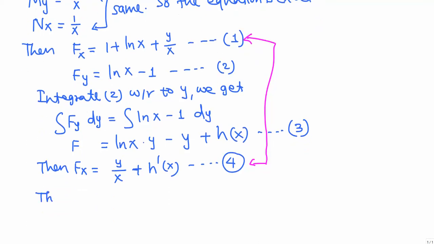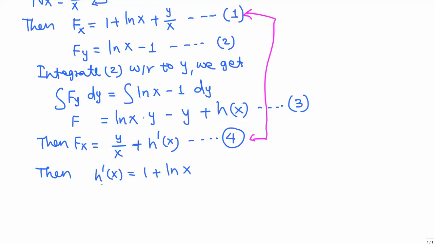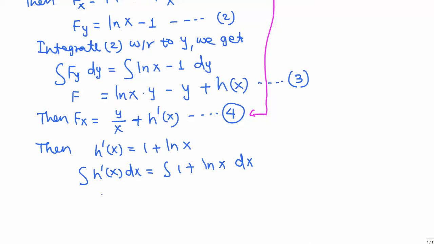Now we need to recover h, so integrate both sides with respect to x. The integral of h prime of x dx is the integral of 1 plus natural log of x dx, and this is just h(x).